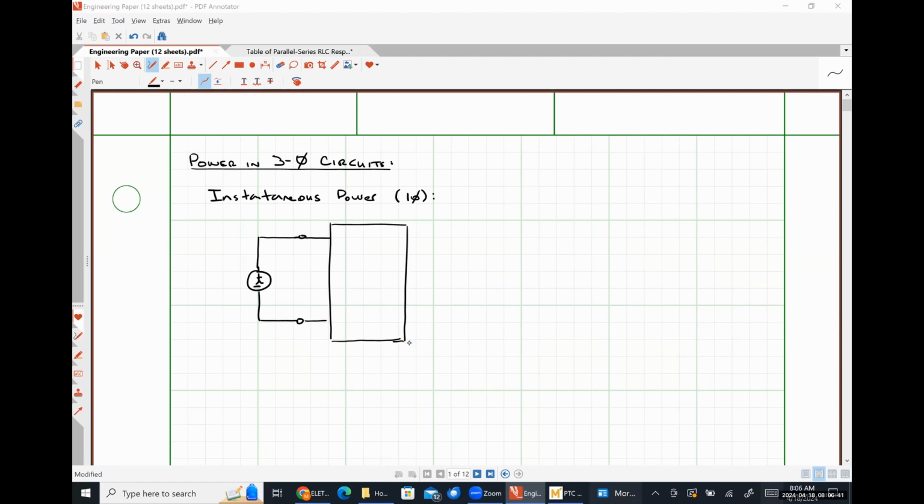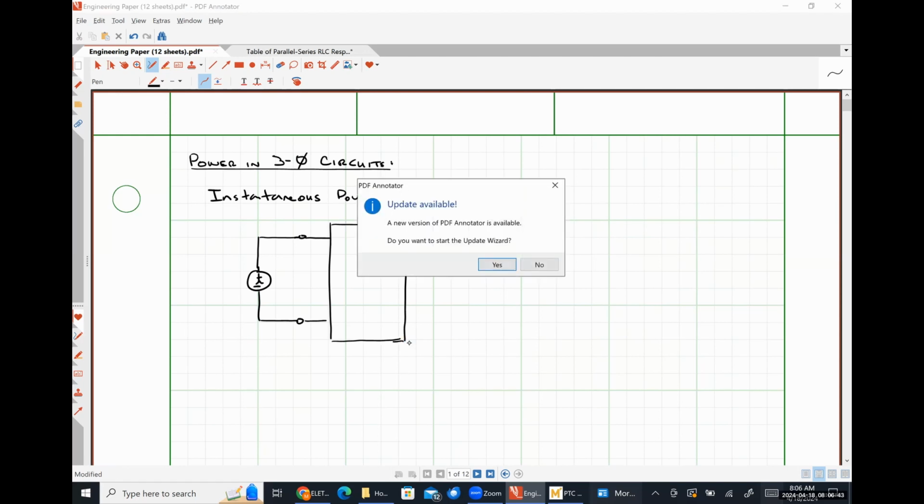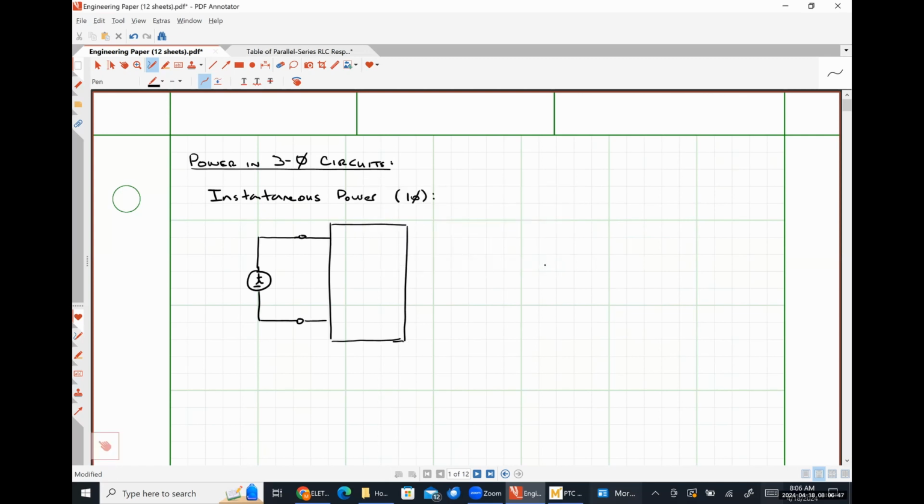So resistors, things we can model as resistors, capacitors, inductors, etc. I don't care about that. And we excite this network sinusoidally, measure the voltage drop across the network, V of t, and the current flowing into the network, I of t.